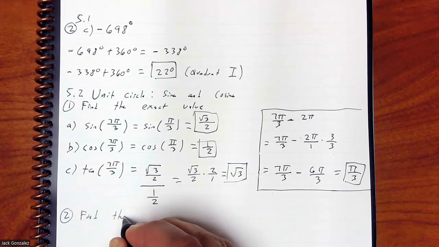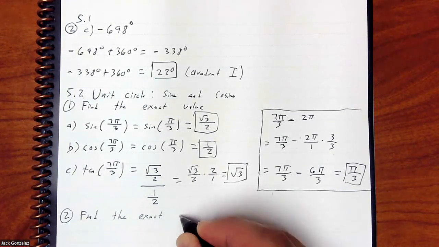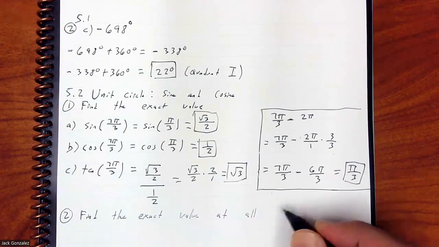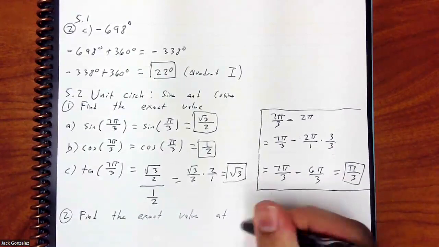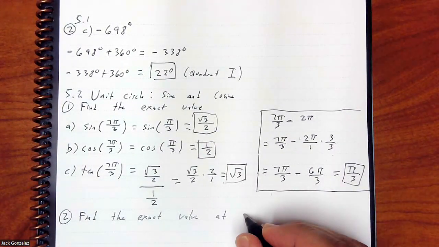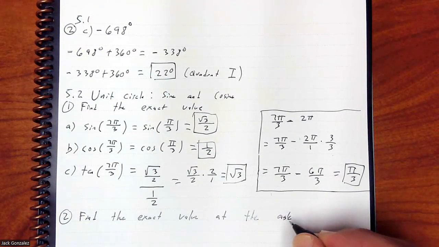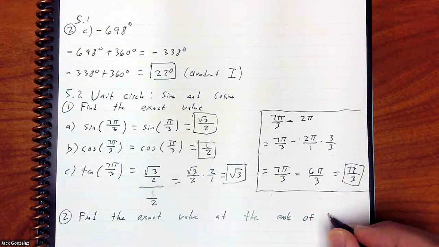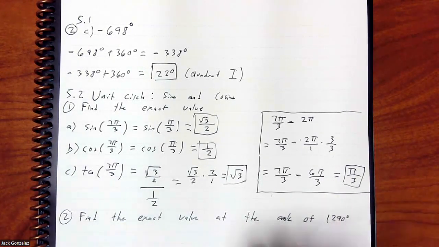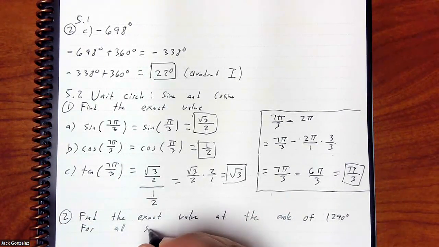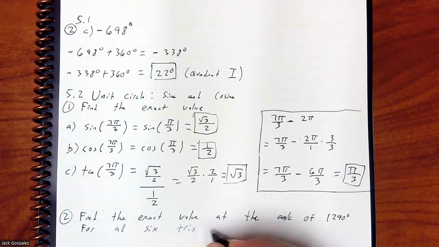Find the exact value at the angle of 1290. Find all six trig functions.